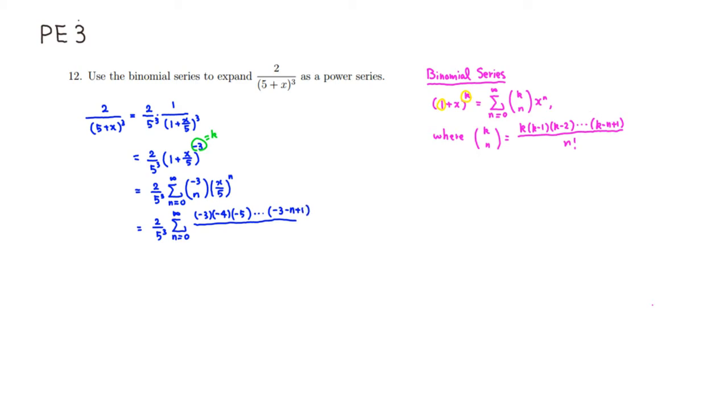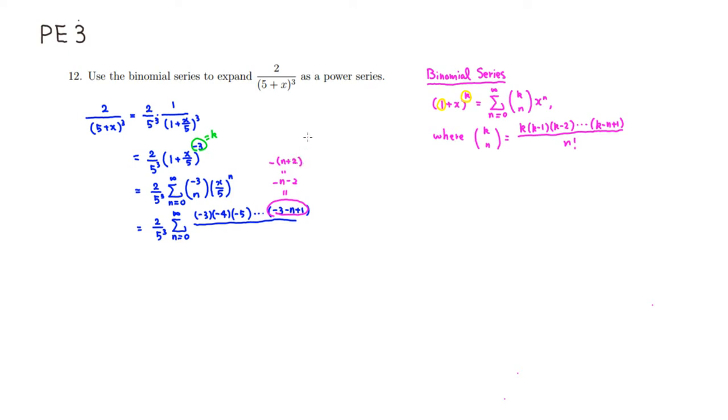Another way to write that last factor is negative n minus 2, which is the same as putting the negative sign in front: negative (n plus 2).